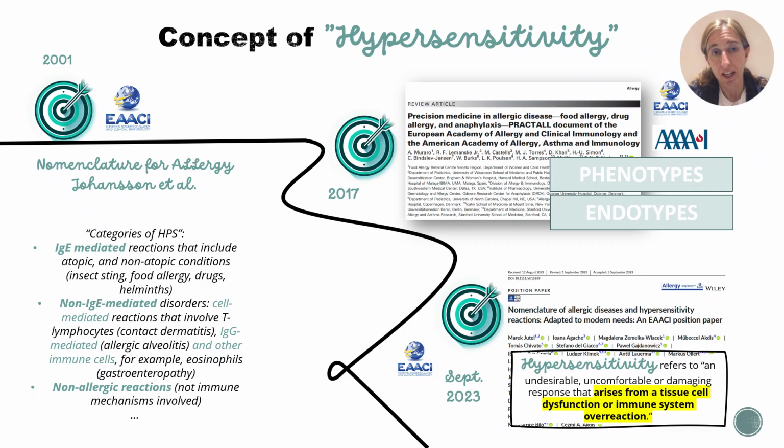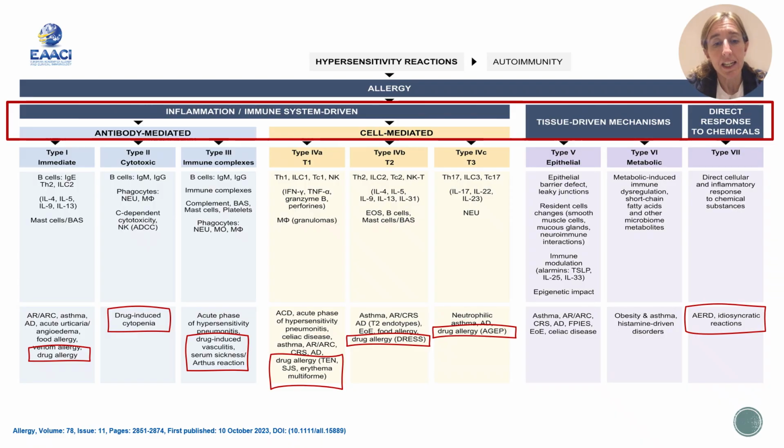So this is like a far larger evolution from the very early classification of Gell and Coombs that was only on the adaptive immune system. In here, you can see that allergy and hypersensitivity reactions include both autoimmunity and allergy. And for allergy, we have inflammation and immune system-driven reactions.